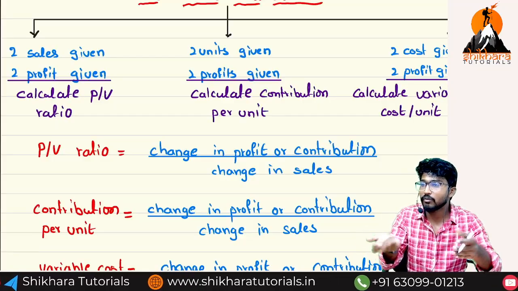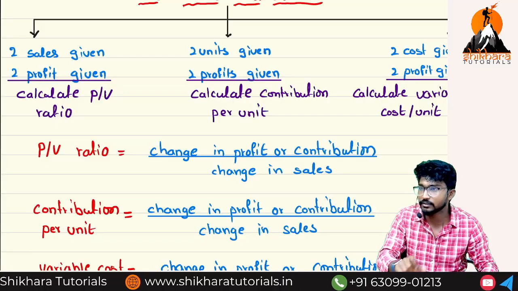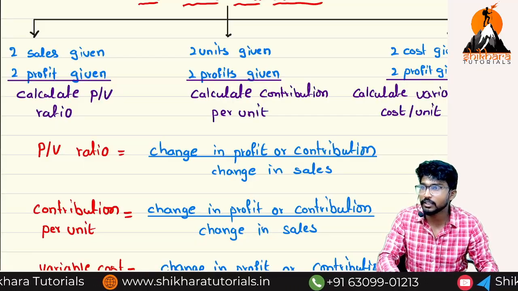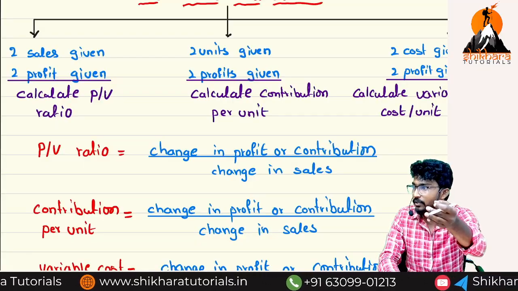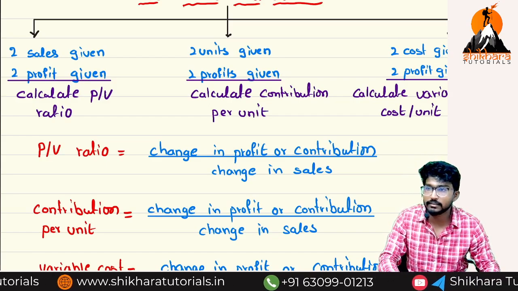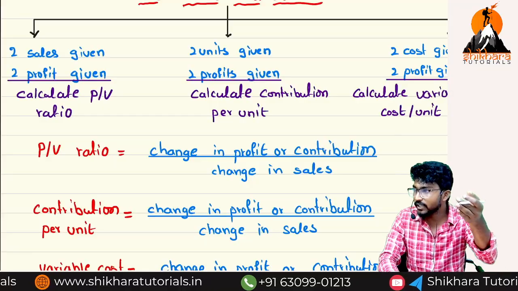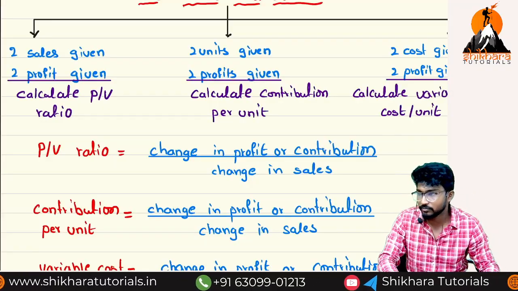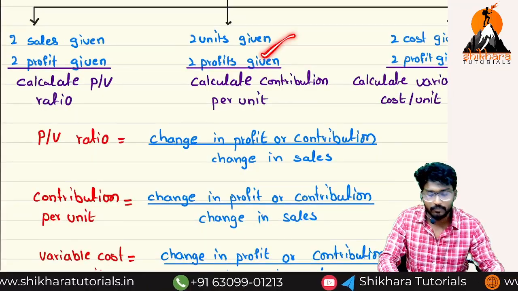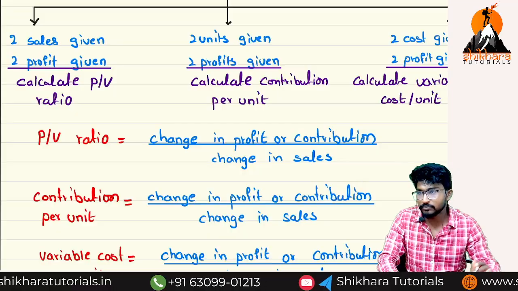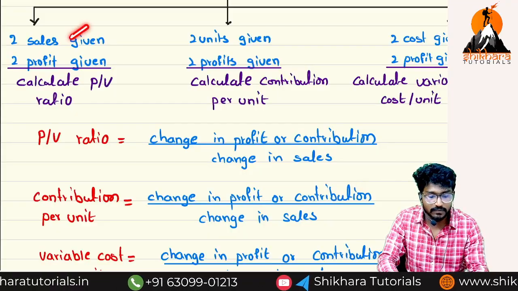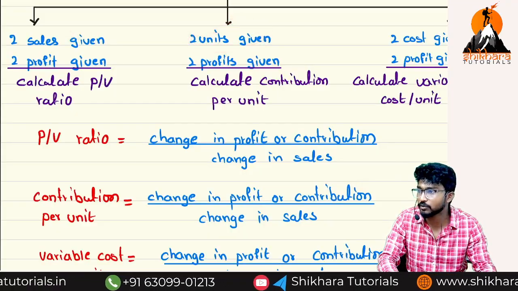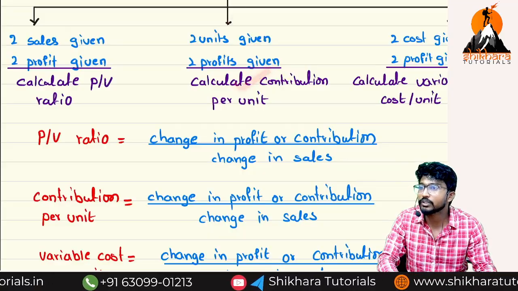5 lakhs. Now what is the formula for calculating this contribution? Change in profit divided by change in sales. You will get PV ratio. Now, same logic here. In the place of sales, if they give units, it is possible to calculate contribution per unit.